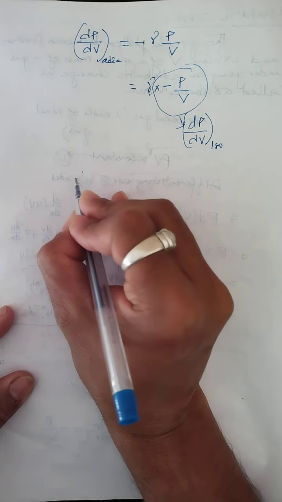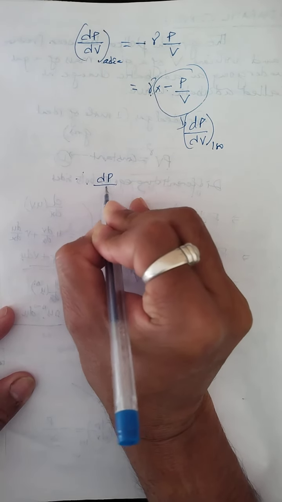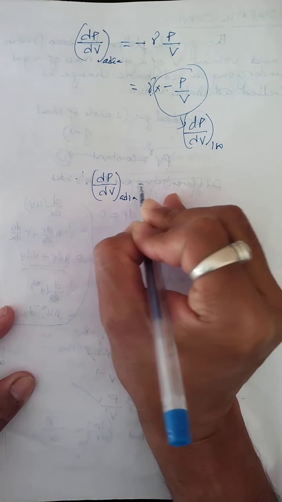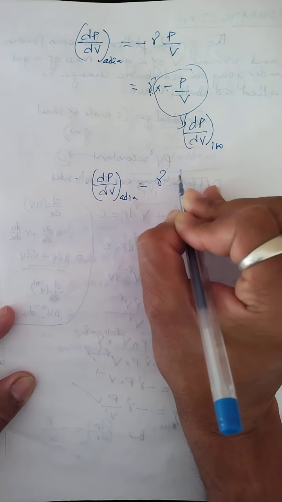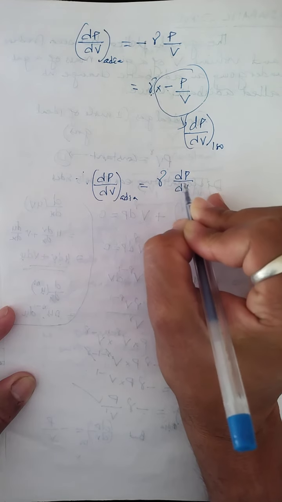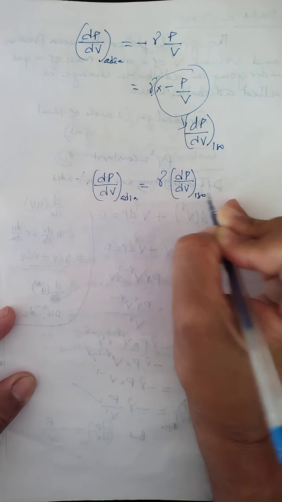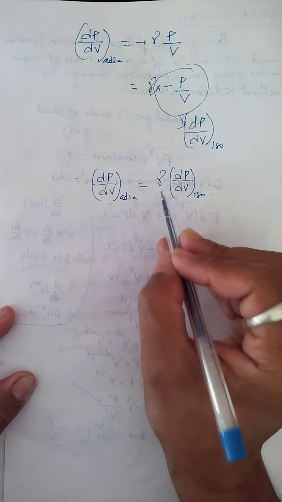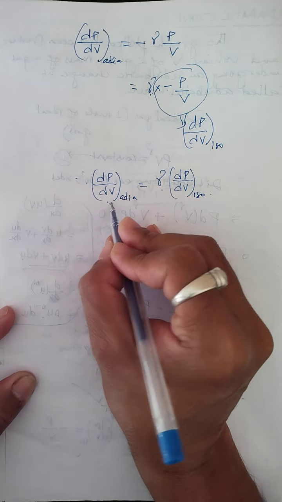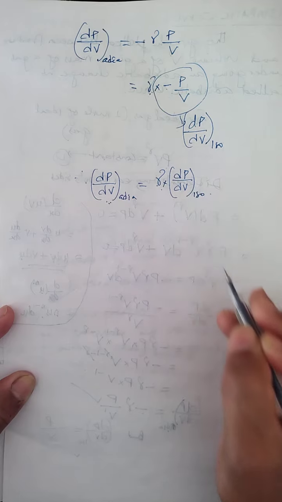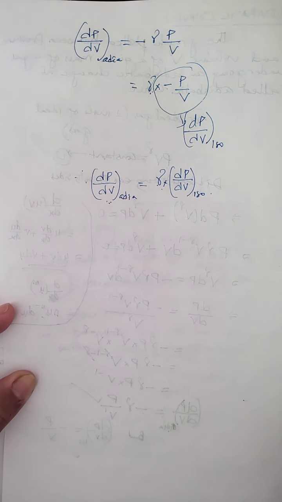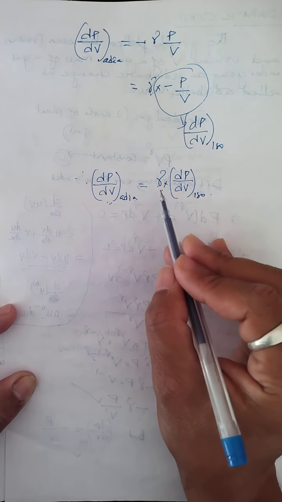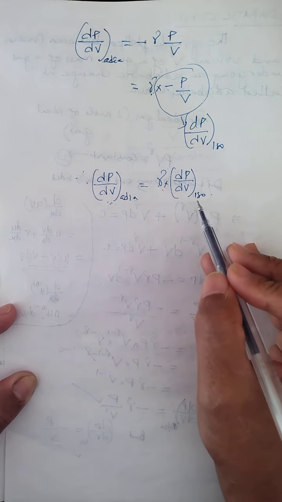So dP by dB of the adiabatic process equals gamma times dP by dB of the isothermal process. That means the slope of the adiabatic process is always gamma times the slope of the isothermal process.